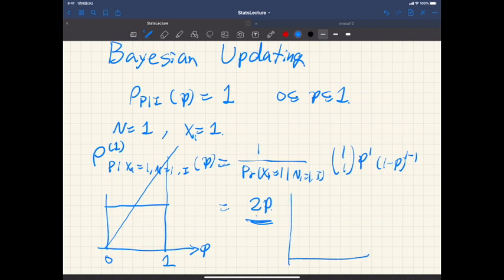So the density would look like this. Between 0 and 1, this will go up to 2. Since we got one head out of one flip, our experience now tells us that the coin may be biased towards heads.